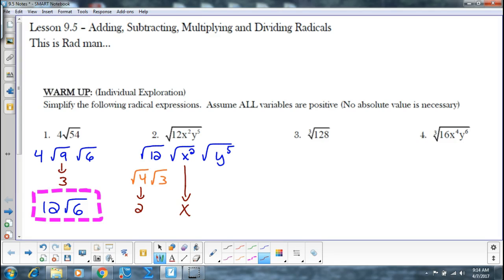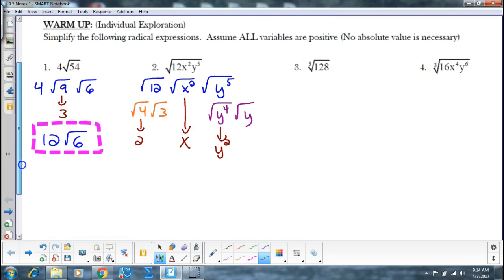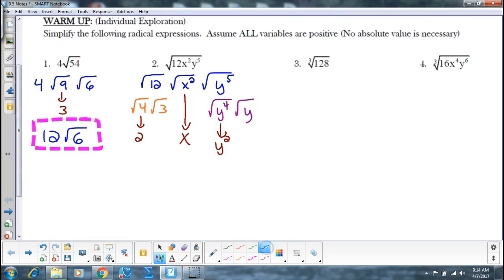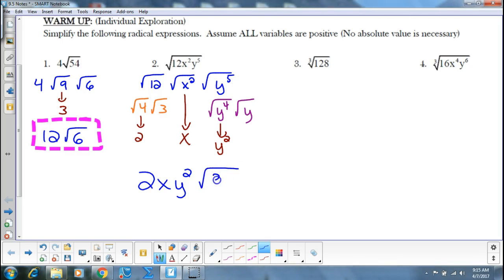The square root of y to the 5th is the square root of y to the 4th times the square root of y, which then is y squared. So that gives me on the outside 2x y squared. On the inside, the square root of 3y.